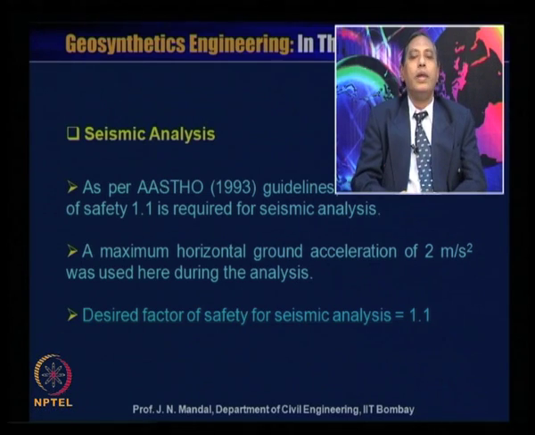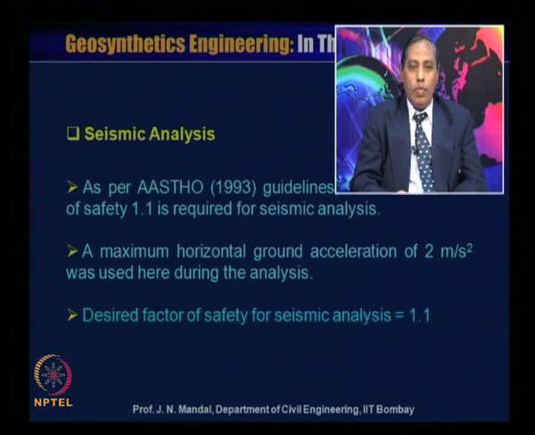We have different zones, and from the different zones you will know the maximum horizontal ground acceleration of that zone, and it is also given in the different specifications. So, here we have considered the maximum horizontal ground acceleration of 2 meter per second square for this analysis, and we require a desired factor of safety for seismic analysis equal to 1.1.